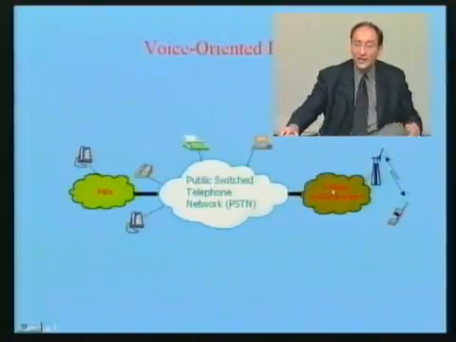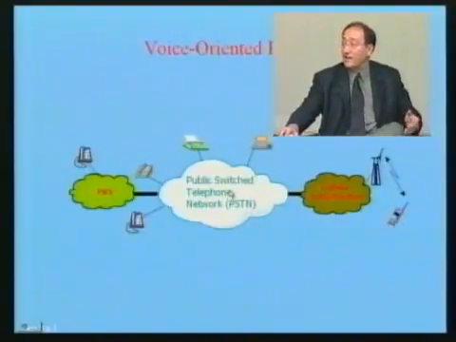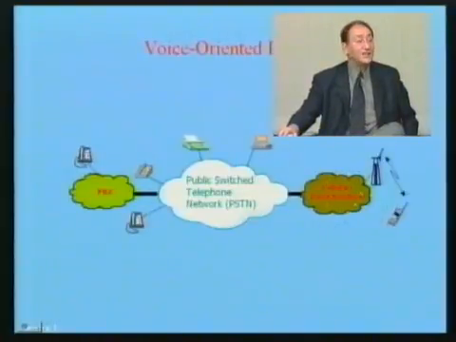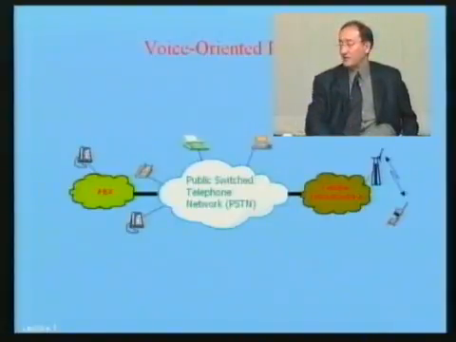As a result, cellular telephones don't connect to the public switch telephone network directly. They connect through an interface network, which has its own switches and point-to-points. And those are mobile switches, or mobile-aware switches.